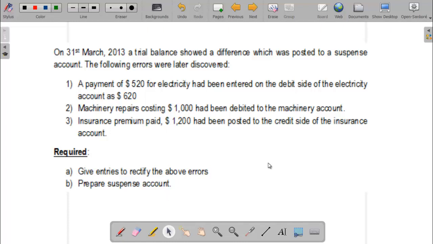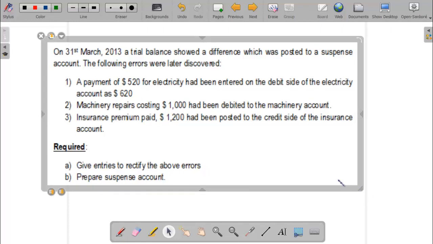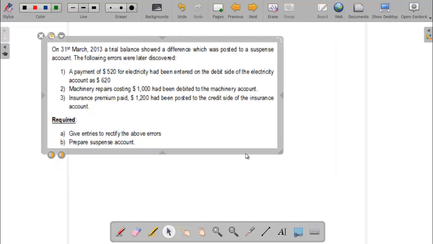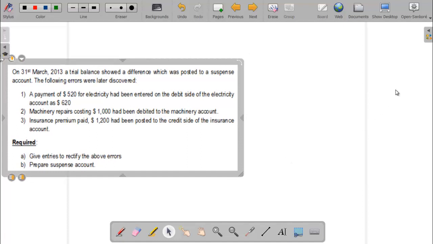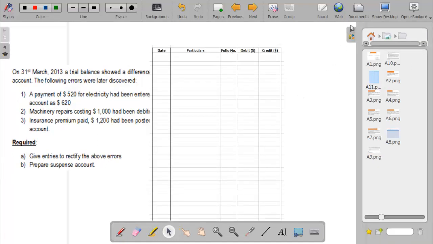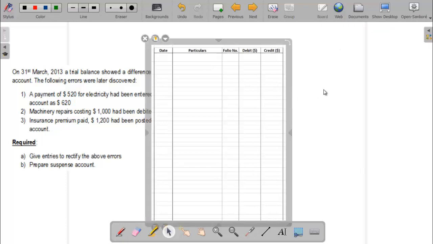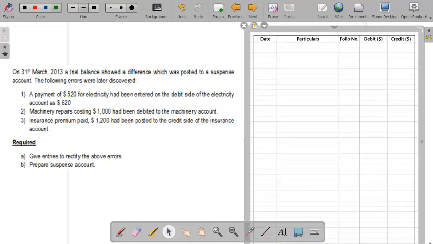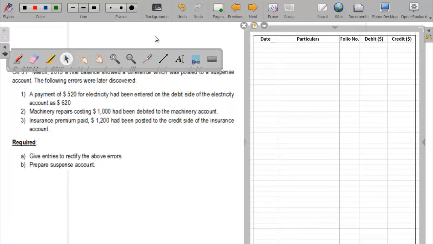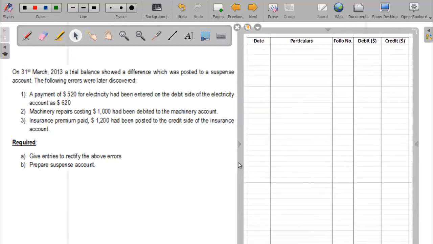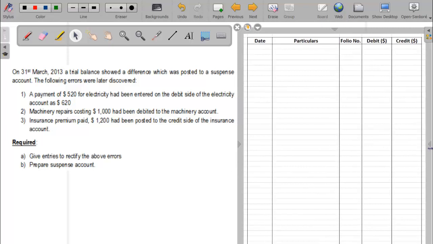So see the rectifying entry. I am passing the rectifying entry. So this is the journal, and in this journal we will pass the rectifying entry.